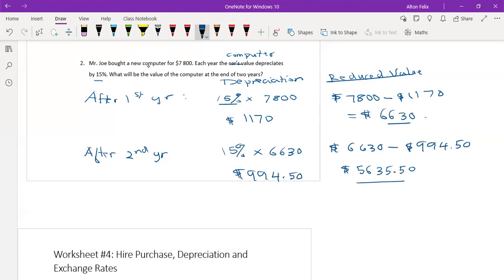So the question only asks us to find the value of the computer at the end of 2 years. So this will be the value of the computer at the end of 2 years right here.